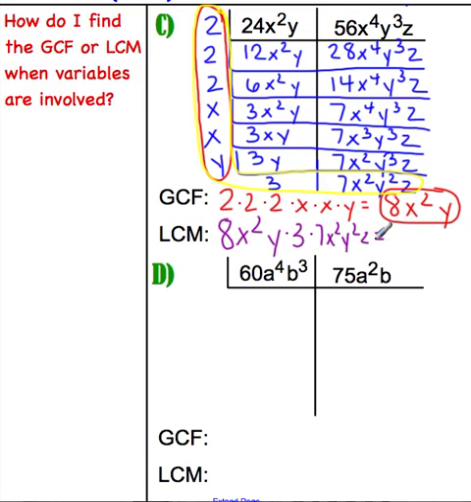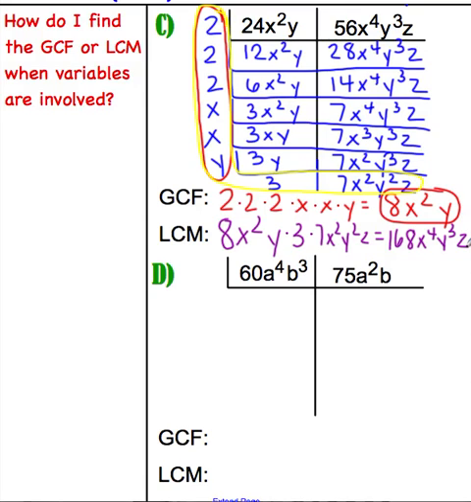Rather than doing 8 times 3 and then that times 7, even better, 8 times 7 is 56. 56 times 3: 50 times 3 is 150, 6 times 3 is 18, and 18 plus 150 is 168. And then I have x squared times x squared, so that's x to the fourth. And then I have y and y squared, which is y to the third, and z.